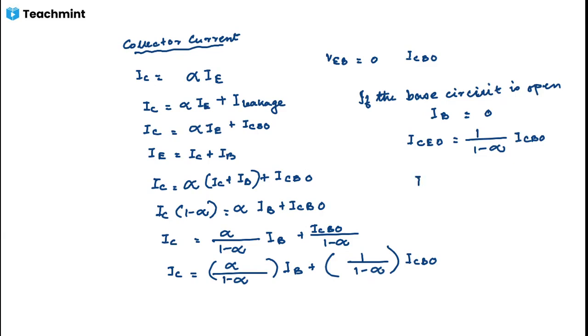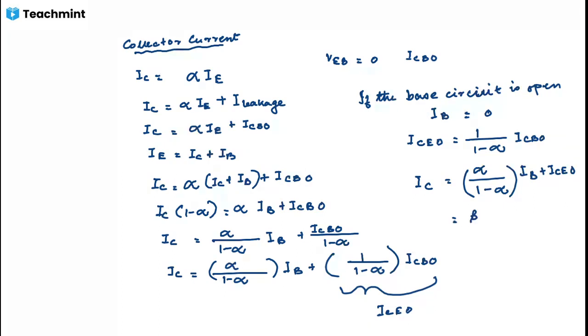IC equals alpha by (1 minus alpha) into IB plus ICEO, because this term is equal to ICEO. So that can be represented as beta into IB plus ICEO.